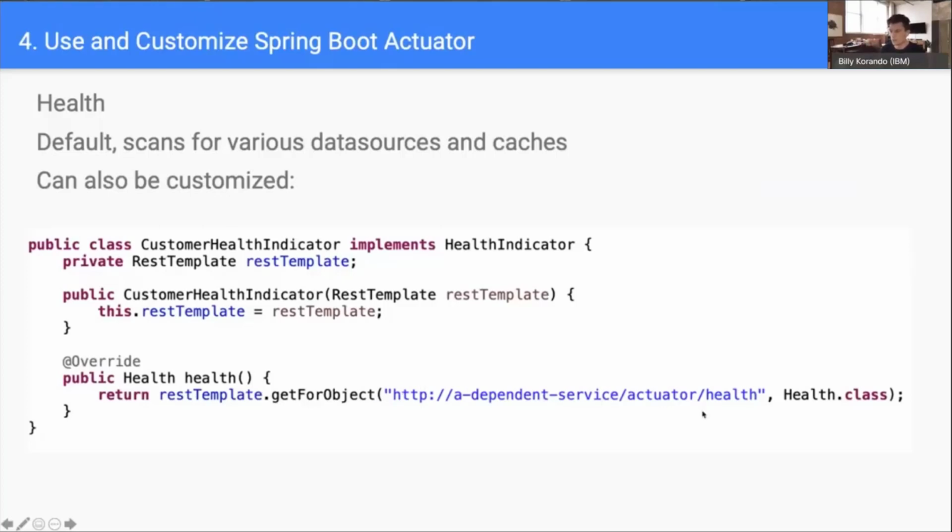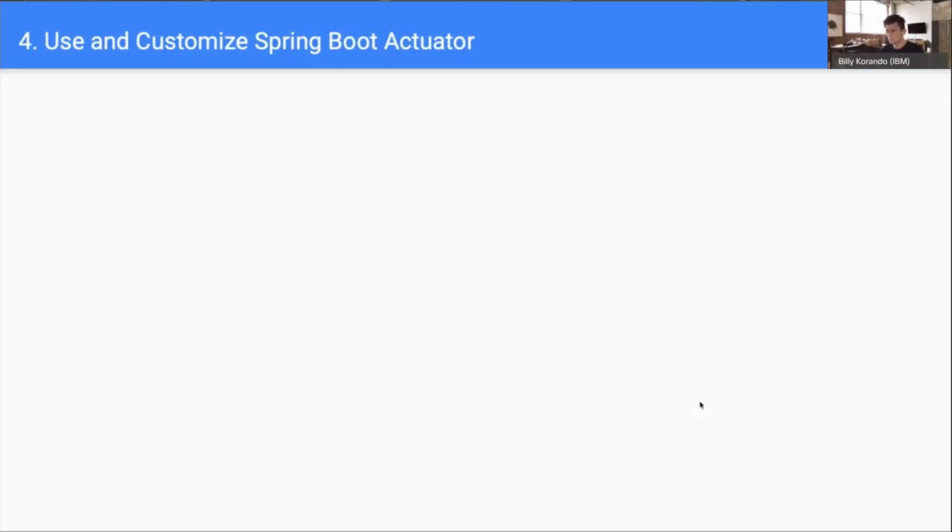But if this is returning 500, then the server returns a down status as well. So you might want to customize it depending on the needs of your organization or that particular service, which may need to check something else to determine its health status.